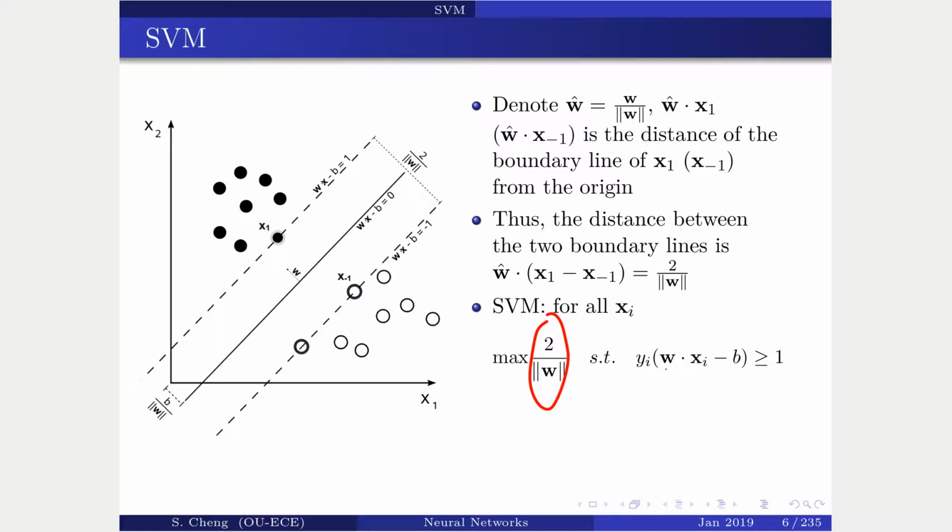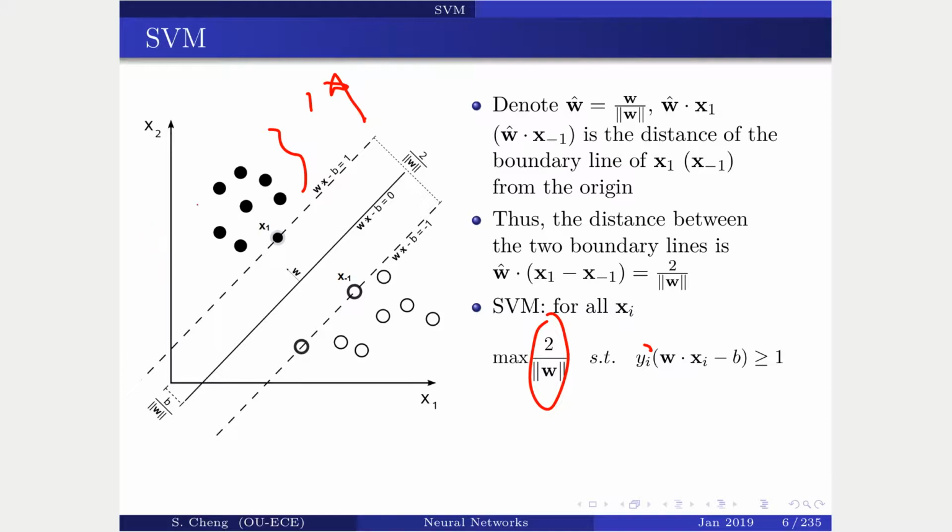for all the points in one of the classes, let's say the class called class 1, this will be bigger than or equal to 1, because on this side it is bigger than or equal to 1.